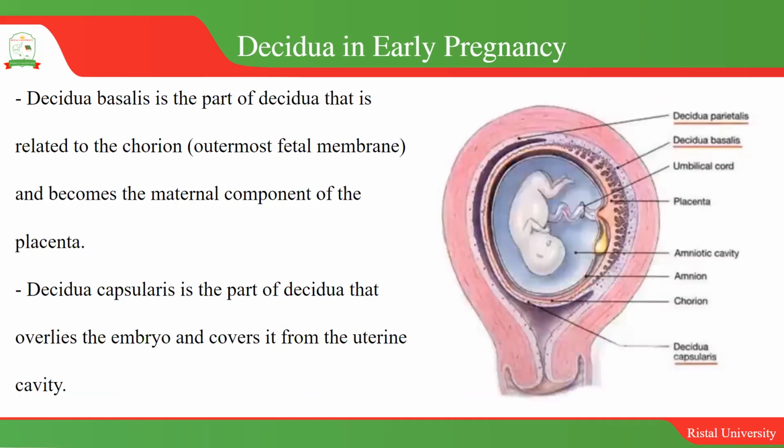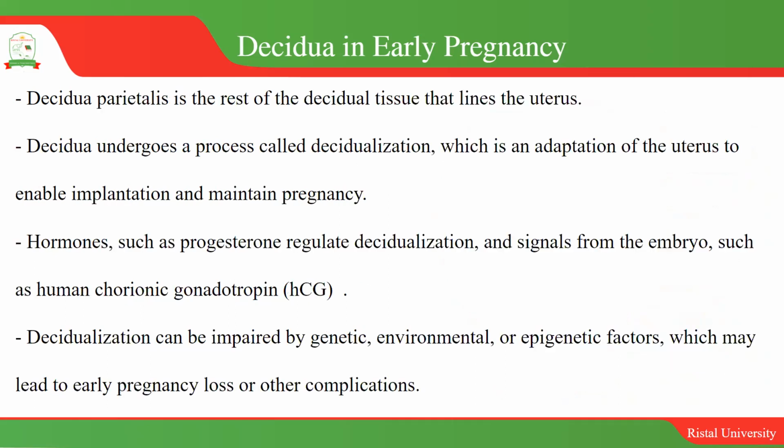The decidua basalis is the part that lies beneath the embryo, and then the next part is the decidua capsularis. Okay, it overlies the embryo and covers it from the uterine cavity. Then the last one is the decidua parietalis, the rest of the decidual tissue that covers the uterus.